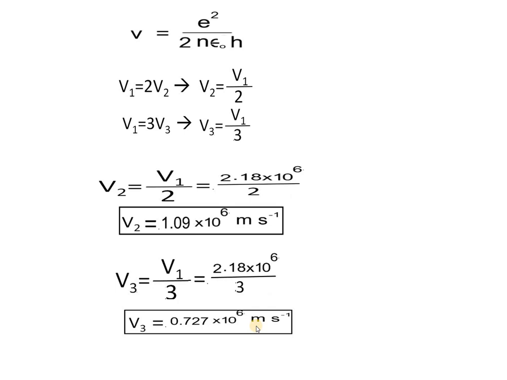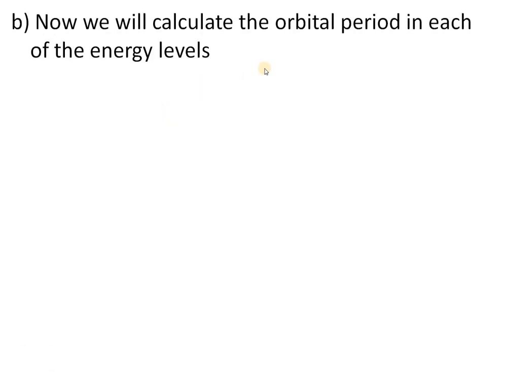So we have calculated orbital speed of the electron in the levels n is equal to 1, 2 and 3. Now let us move on to the second part of the problem. That is, we need to calculate orbital period in each of the energy levels, that is, orbital period of the electron in n is equal to 1, 2 and 3 levels.